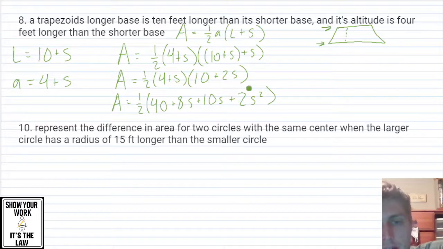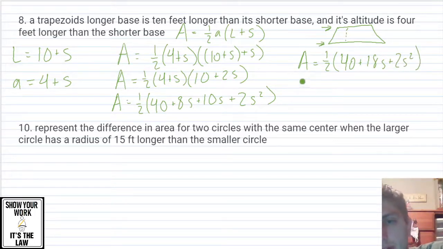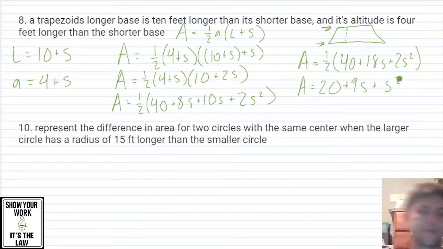Then simplify in the middle, so we can combine the 8s and 10s to be 40 plus 18s plus 2s squared, and then distribute the half through everything, so divide everything by 2 equals 20 plus 9s plus s squared. All right.